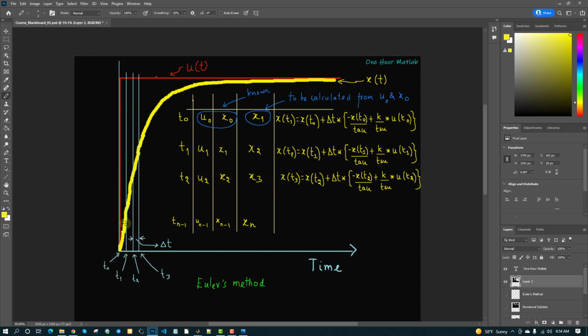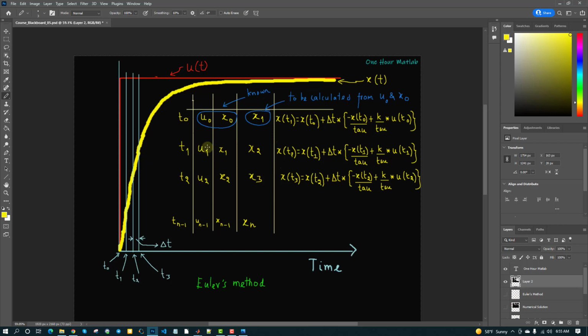Again we go to time instant t1, and we evaluate the system response at time instant t2 using this iterative formula. X of t2 is x of t1, which is already known, plus delta t multiplied by minus x of t1, which is known, tau known, plus k by tau, a constant, multiplied by u of t1, which is known.